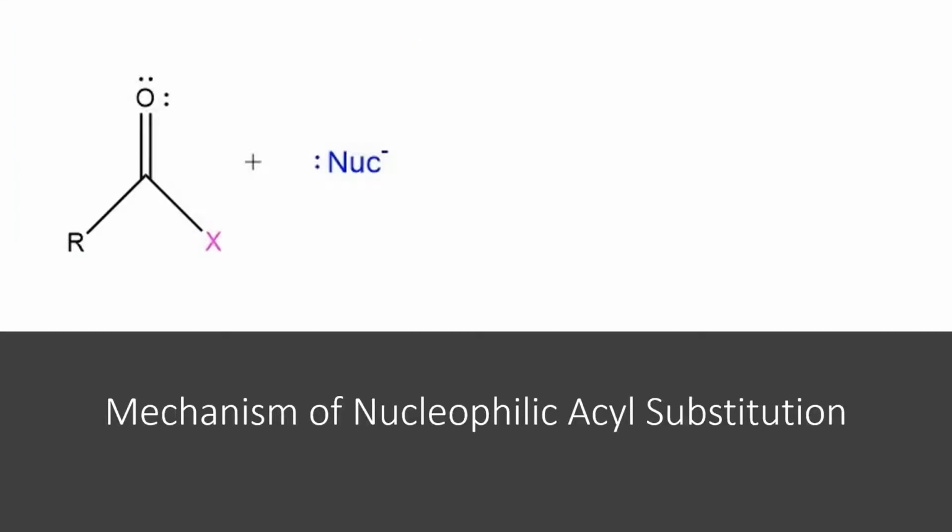Going back to that reaction, we have our carbonyl compound and some sort of nucleophile. Now, this carbonyl is special because it has some resonance properties where this pair of pi bond electrons can shift up to this oxygen and form a resonance structure that might look like this.